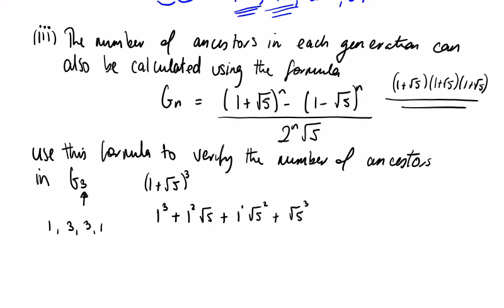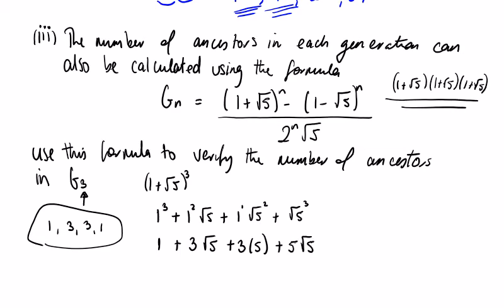And we multiply each term by the corresponding term in Pascal's triangle. So we're going to get 1 plus 3 times root 5 plus 3 times root 5 squared, which is 3 times 5, plus 1 times root 5 cubed, and root 5 cubed is root 5 by root 5 by root 5. We're going to get 5 root 5.